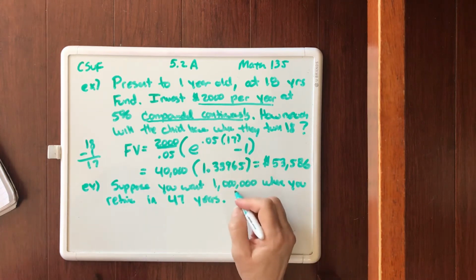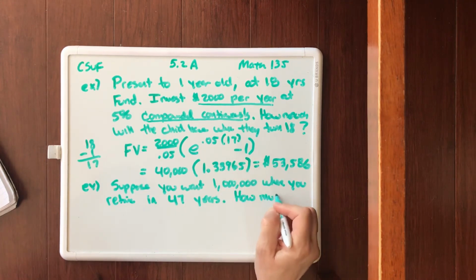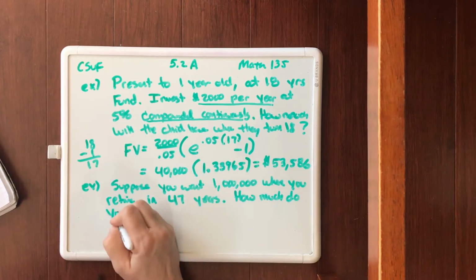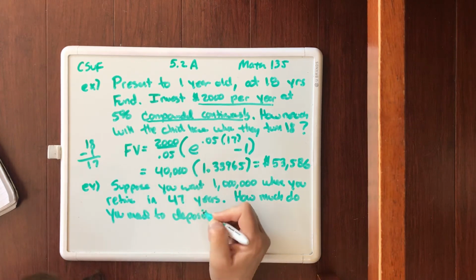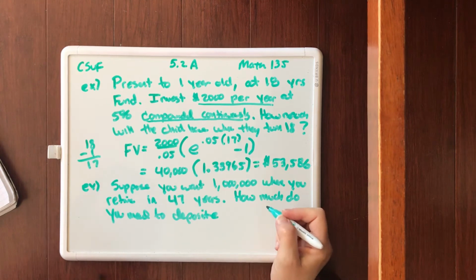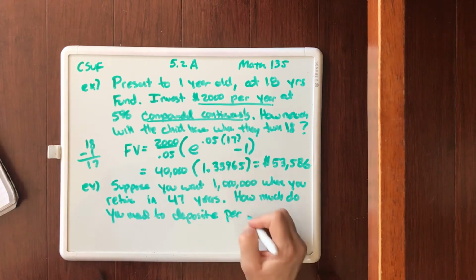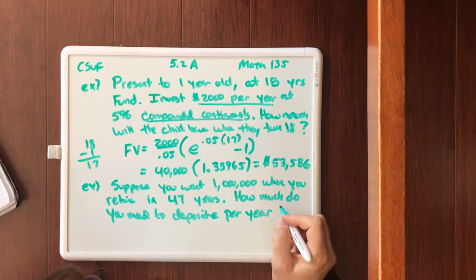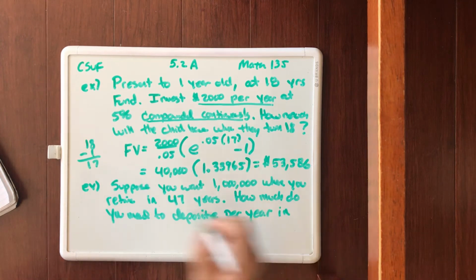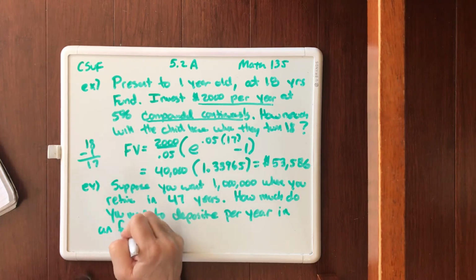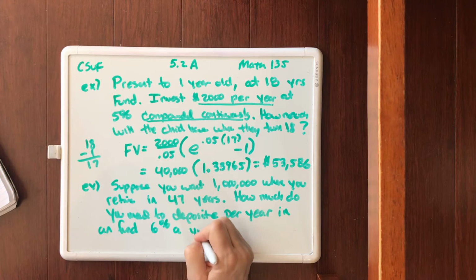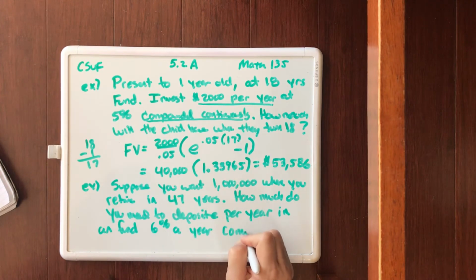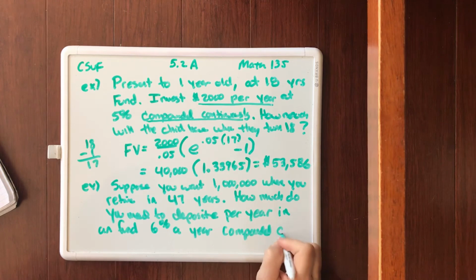The question is, how much do you need to deposit per year in a fund that pays 6% a year, compounded continuously?